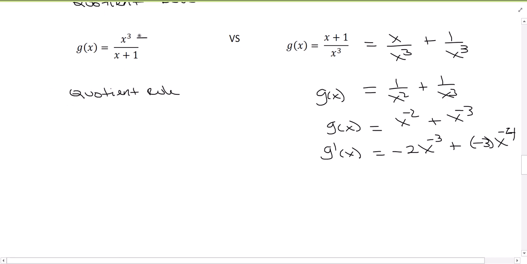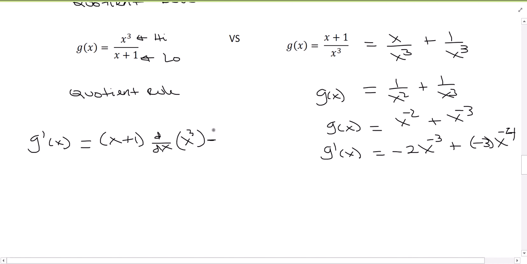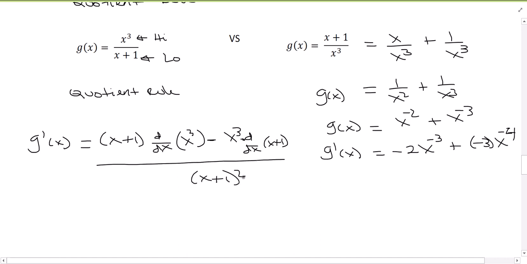So this is my top function, or the high, and this is my bottom function, or the low. The quotient rule says g prime of x will be low, so x plus 1, d high, the derivative of the numerator, minus high, so x cubed, d low, all over the bottom squared, low squared.